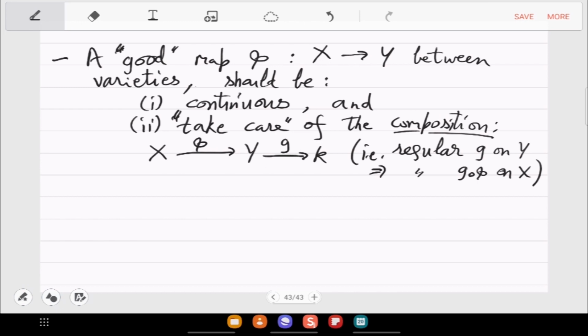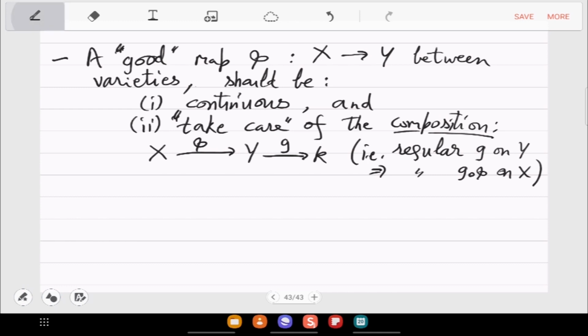Right, so I hope you appreciate that these two properties are very different. They are not quite related because the first property is only talking about subsets and the second property is only talking about the regular function ring. So these two are needed together. One will not imply the other.